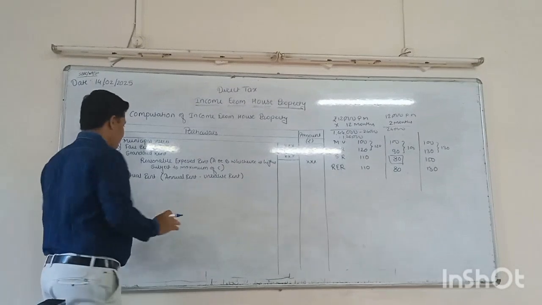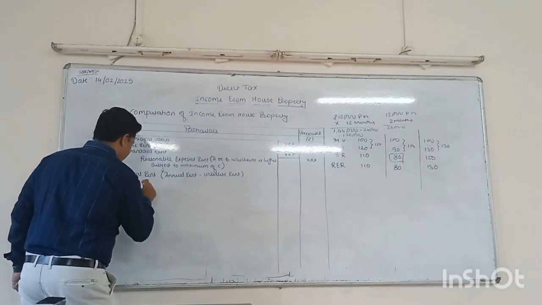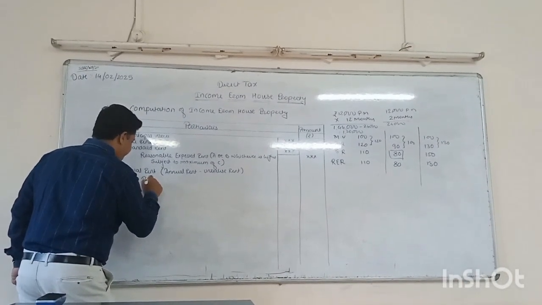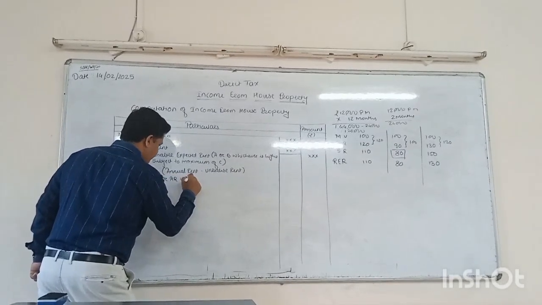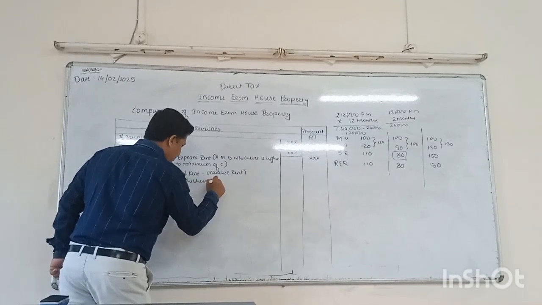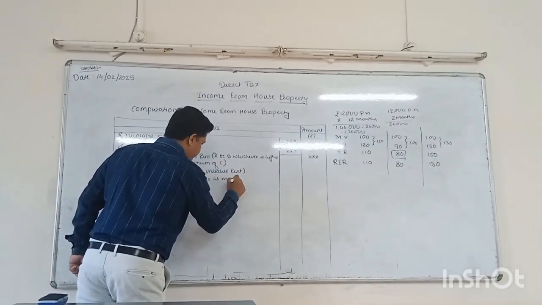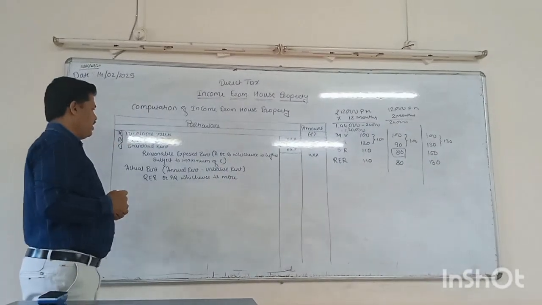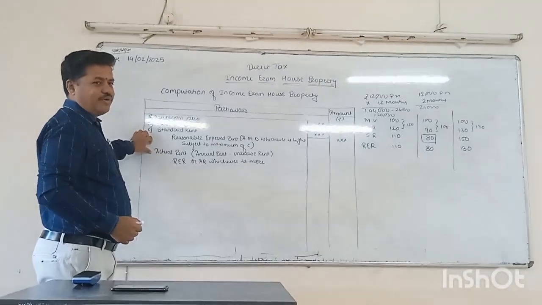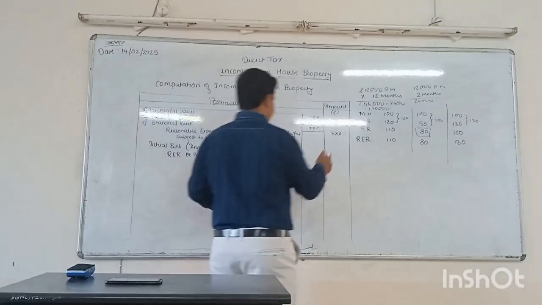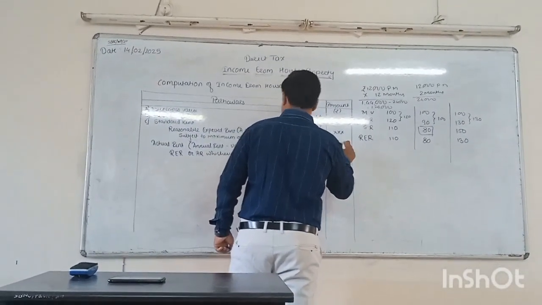Now, on the basis of this, we have to compute RER or AR, whichever is more: reasonable expected rent or actual rent. Reasonable expected rent is already computed.